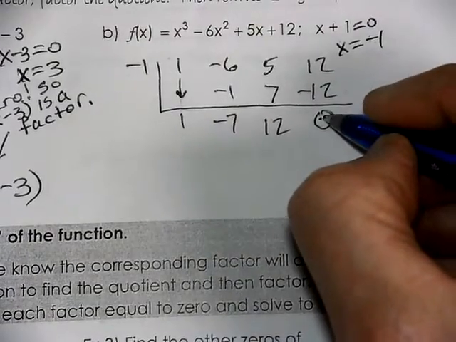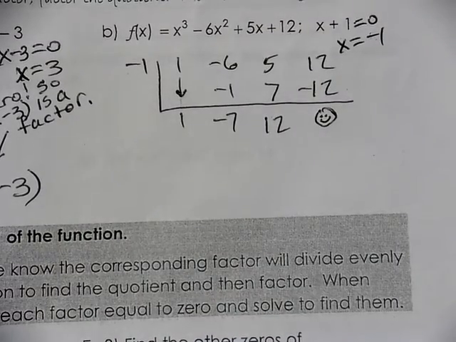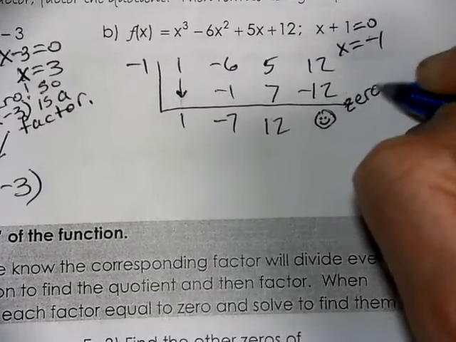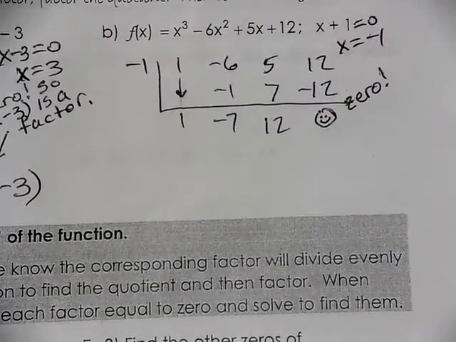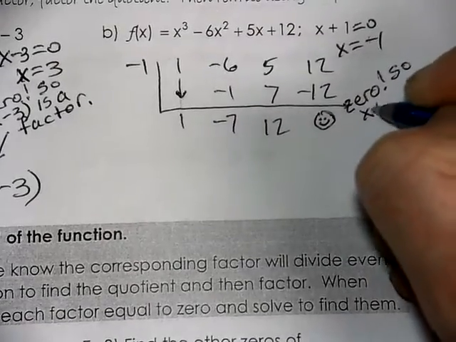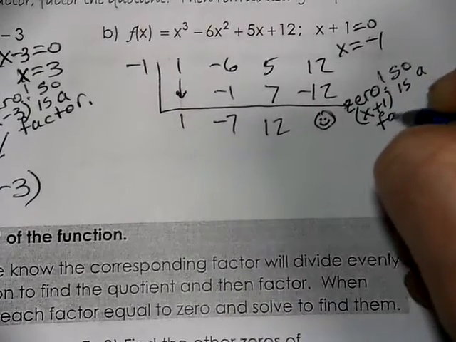So we put a little smiley face inside that 0 if you like, because we're excited it's a 0. And we write the word 0 next to it, just to amplify that we're excited that it's a 0. So x plus 1 is a factor.